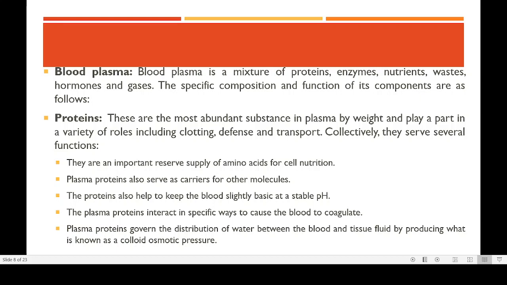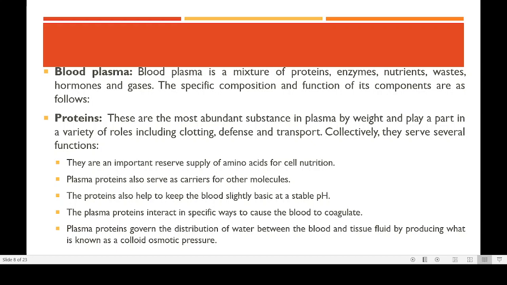The second function is that they act as a carrier of other molecules. Earlier I told you that one function of blood is transportation of hormones. Some of the hormones need an attachment with the plasma protein. That is, plasma protein will take this hormone to different parts of the body.